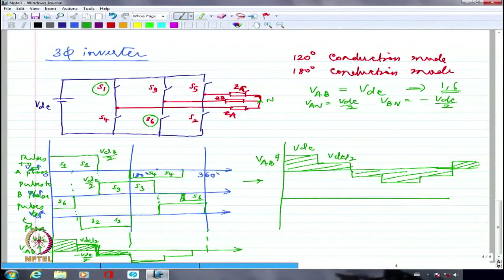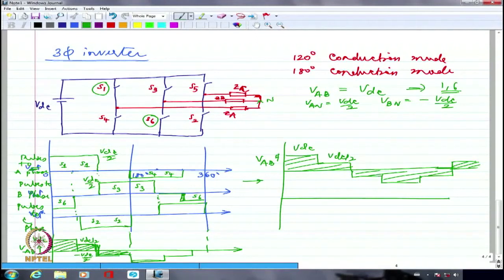So similarly, you should be able to draw VBC and VCA and so on. All of them will be displaced from each other by 120 degrees at the fundamental frequency, whatever frequency I have chosen to turn on and turn off. Right?